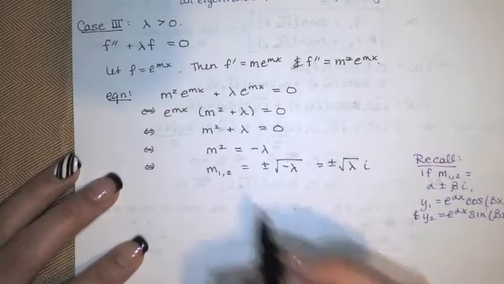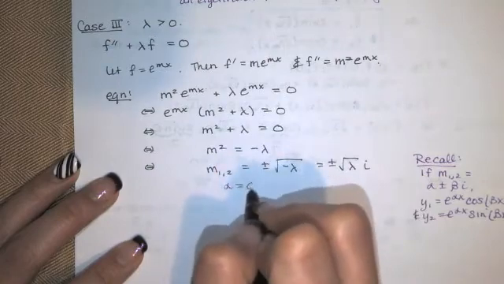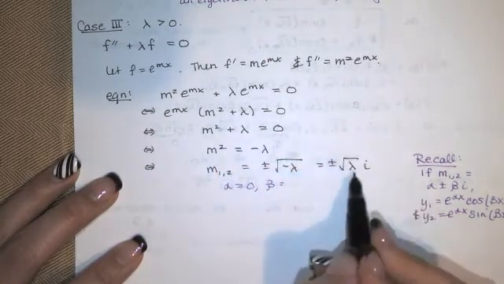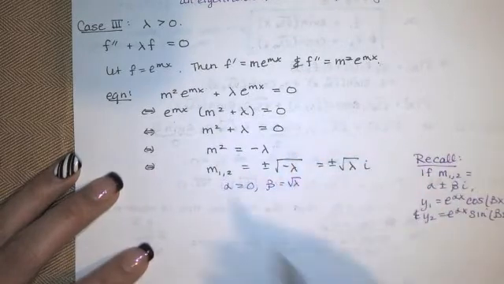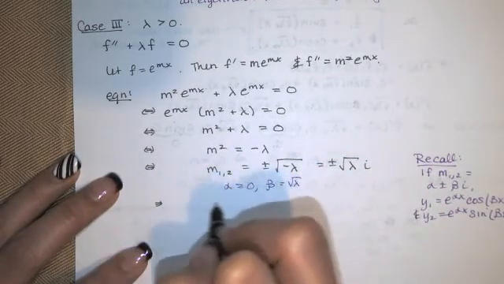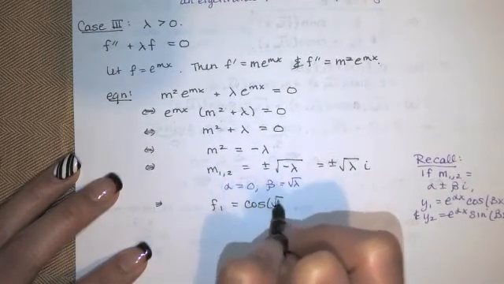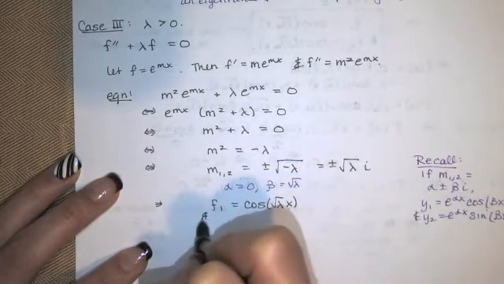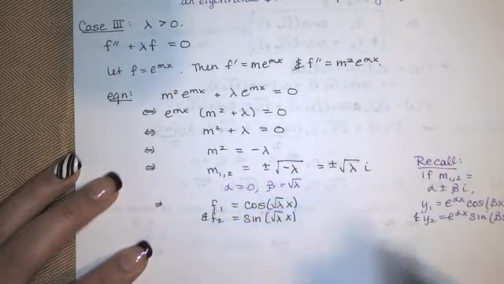In our case, alpha is 0. And beta, the positive number multiplying i, is the square root of lambda. So our two linearly independent solutions are f1 equals cosine of square root of lambda x, and f2 equals sine of square root of lambda x.